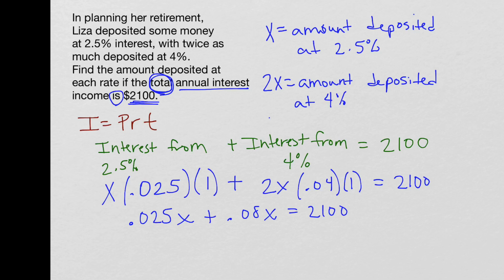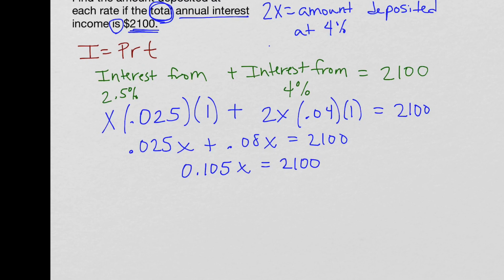We're going to get 0.105X equals 2,100. Now we divide both sides by 0.105. So we do 2,100 divided by 0.105. This gives us X equals 20,000.